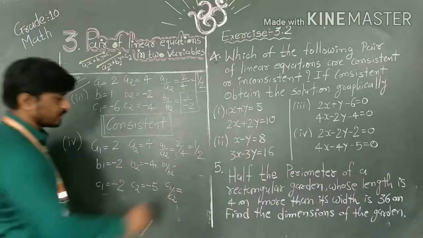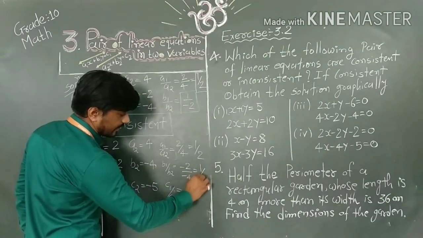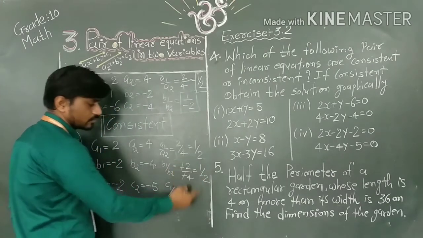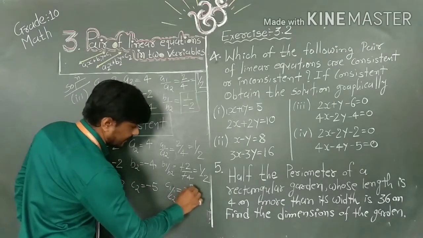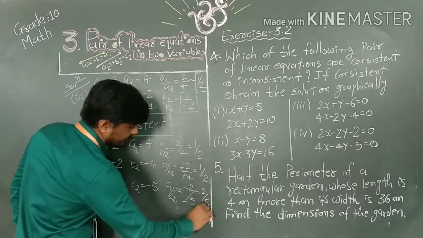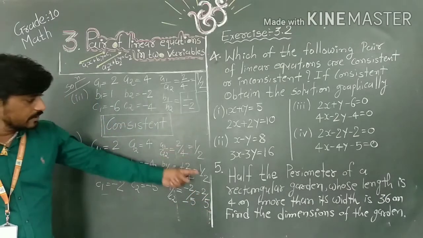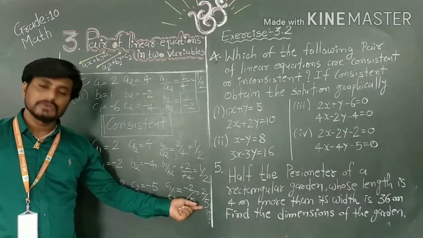Minus 2 upon minus 4, the minus signs cancel, that means again 1 half. And minus 2 upon minus 5, that means 2 upon 5. In this case, these two ratios are the same, but c1 upon c2 is not the same.